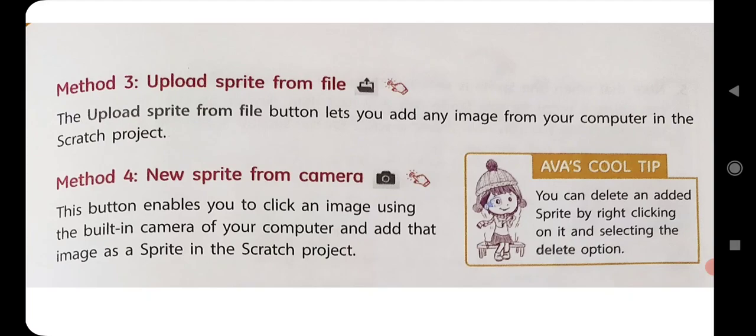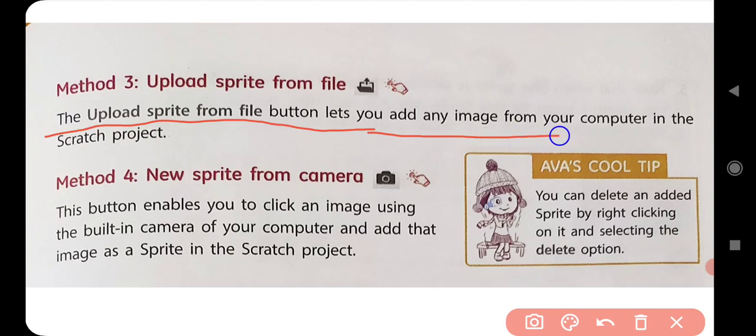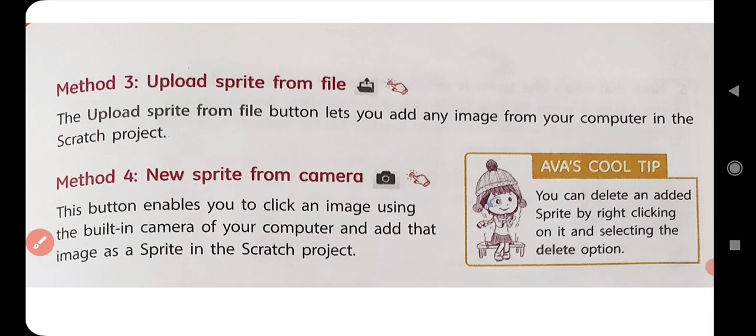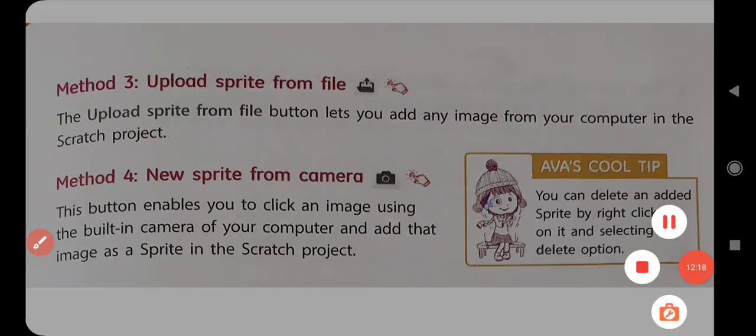The upload sprite from file button lets you add any image from your computer in the Scratch project. Means if you want to add any image in the Scratch project, how will you add it?